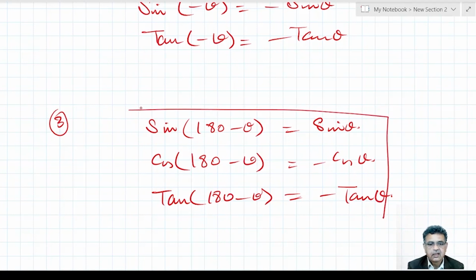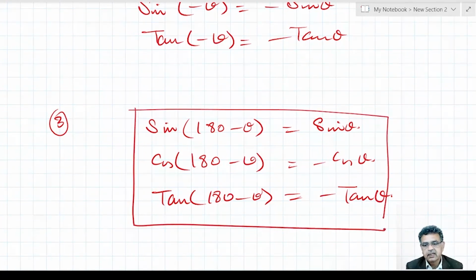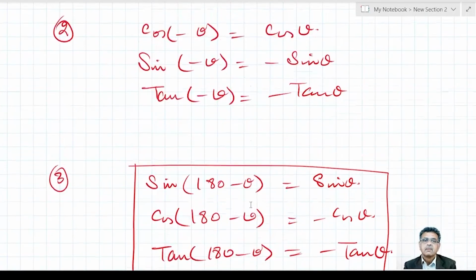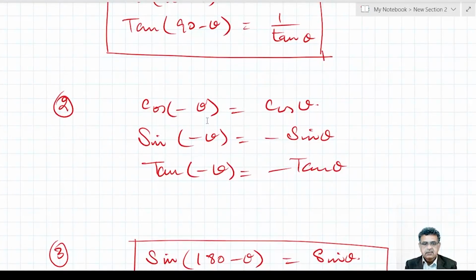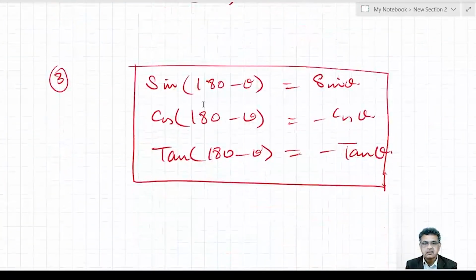So if this is the matter of negative angles, then cos theta remains unchanged, whereas the signs of sine and tangent are changed.